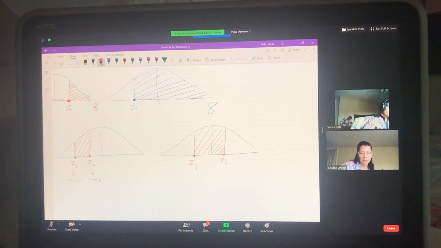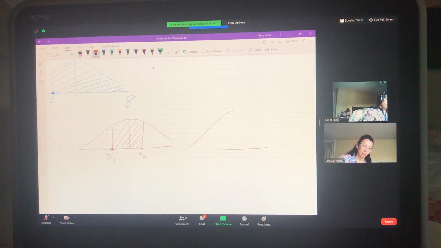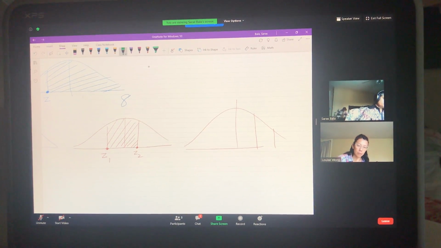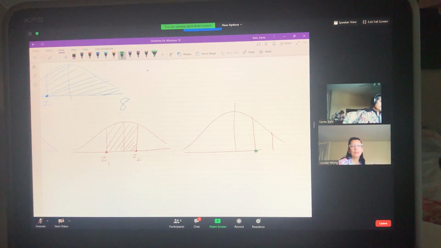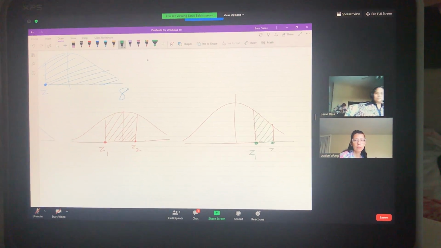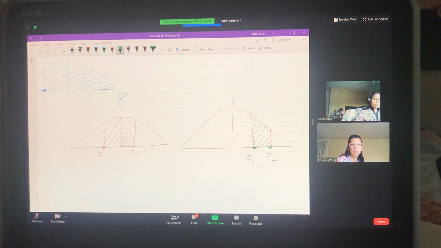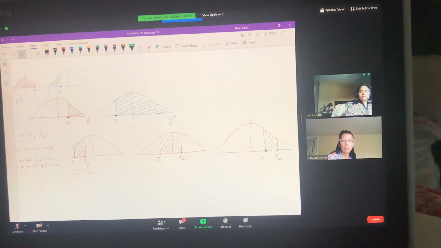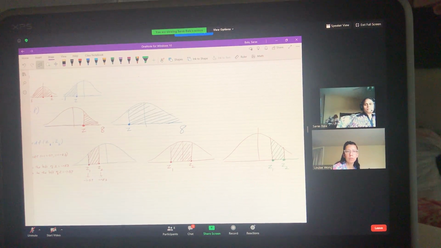Or you can also have the third scenario where both z-scores are positive, and this is the area bounded between z1 and z2. So once you convert that into z-score, normal CDF, and then z1 comma z2.